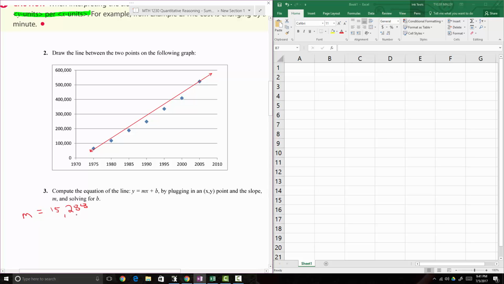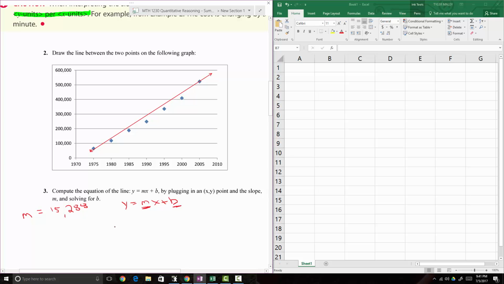This was rounded, but for our sake it's okay to use this rounded answer, just so it comes out nice and neat. If I want to put it in this form, I know the slope. I need to find the y-intercept, so I need to plug in a point and figure that out.